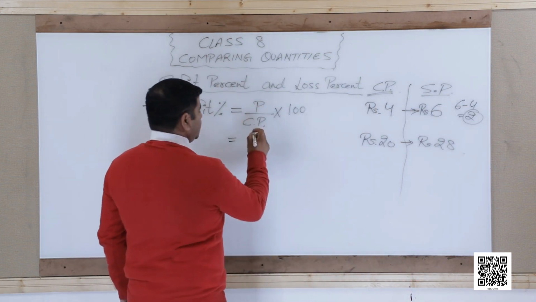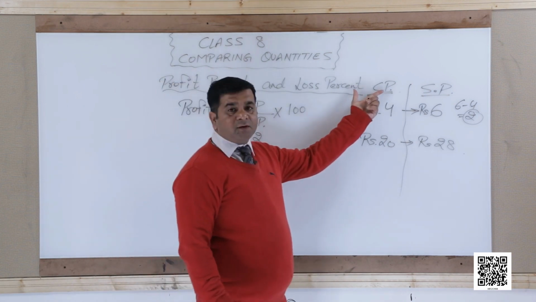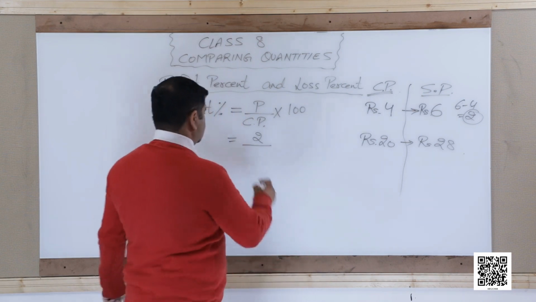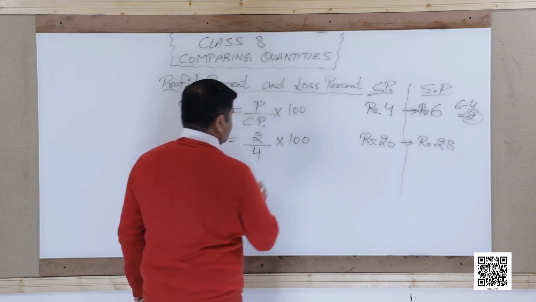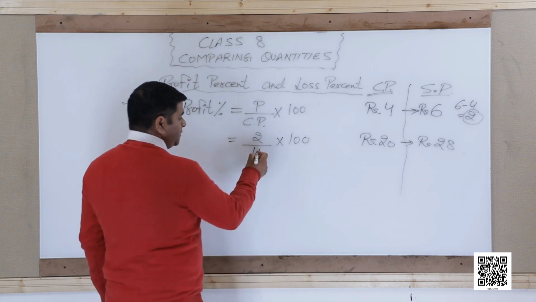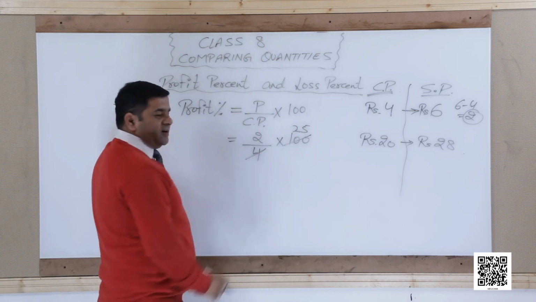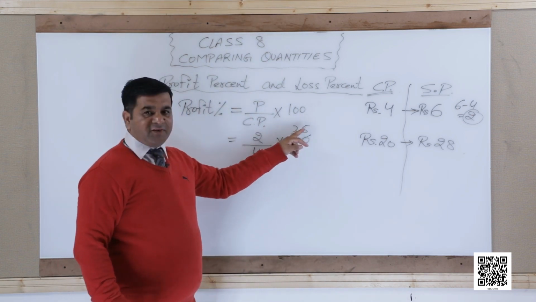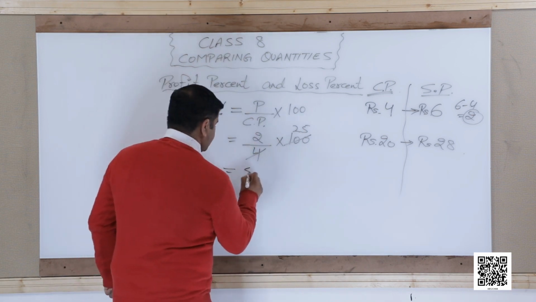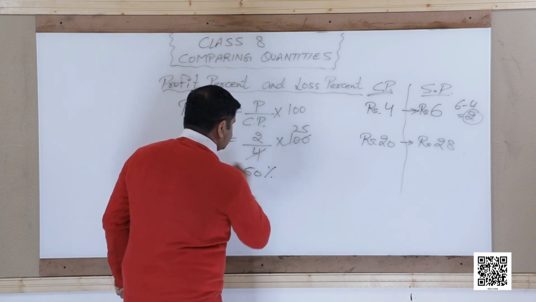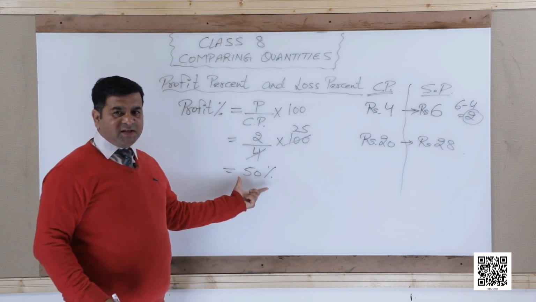So profit is rupees 2 divided by the cost price. Cost price was 4, multiplied by 100. Now see, 4 times 25 is 100. So 100 divided by 4 is 25, and 25 times 2 is 50. So that means our profit percent is 50% here.